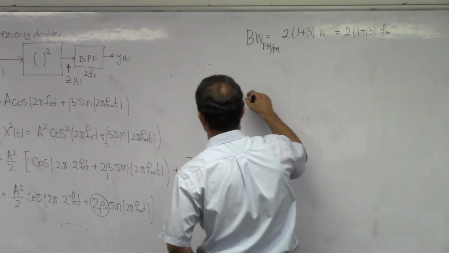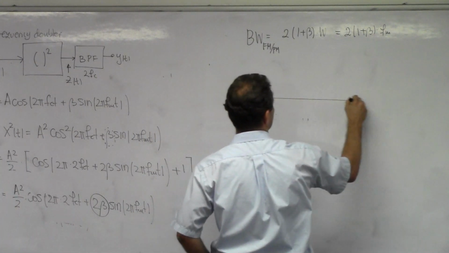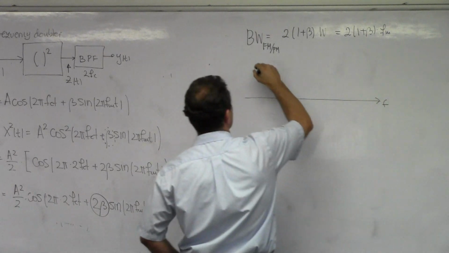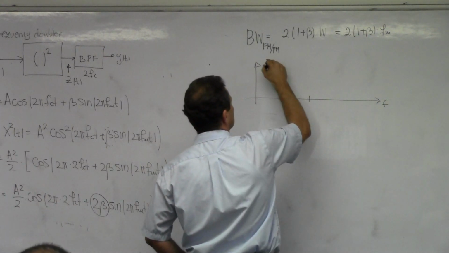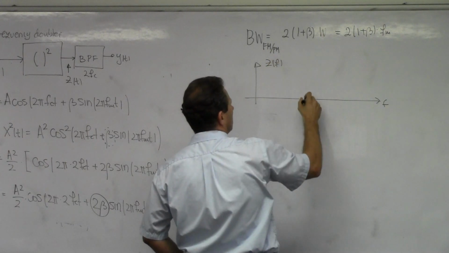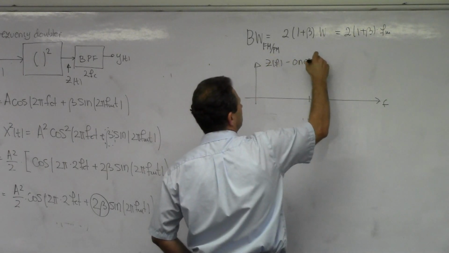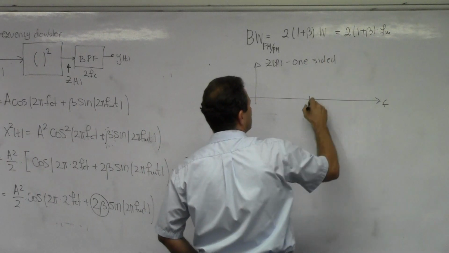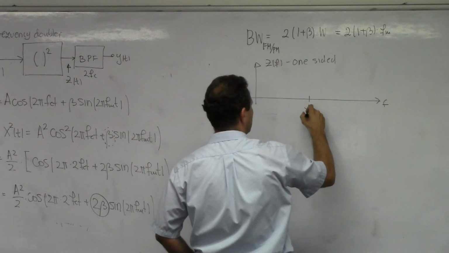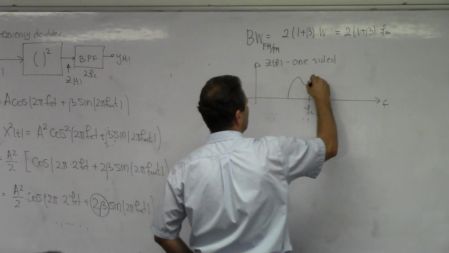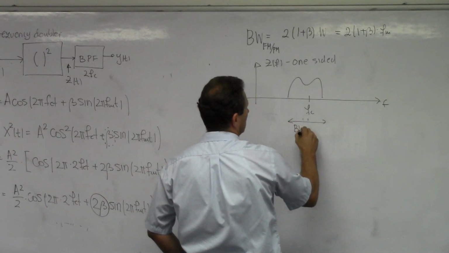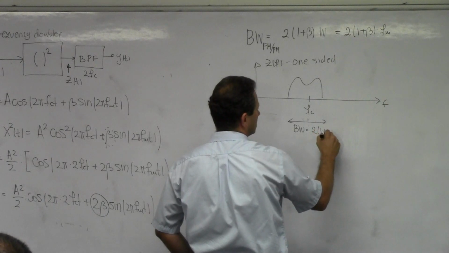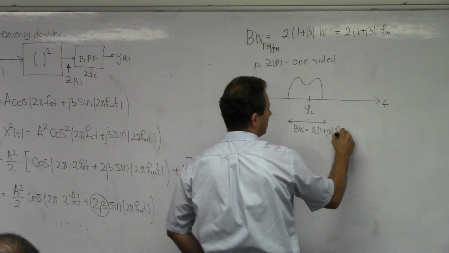So let's look at what Z of t looks like in the frequency domain. I'm just going to draw one side. So this is the Z of f, one side. It's going to be centered at a frequency Fc, and it's going to have a bandwidth of 2 times 1 plus beta times Fm, right?